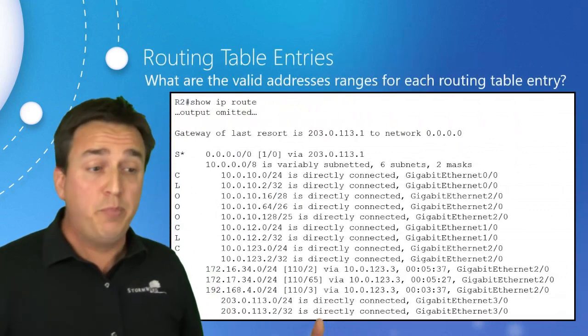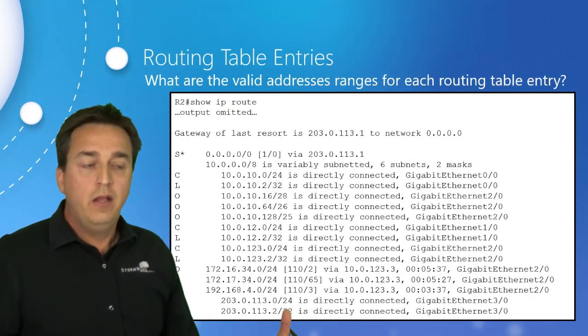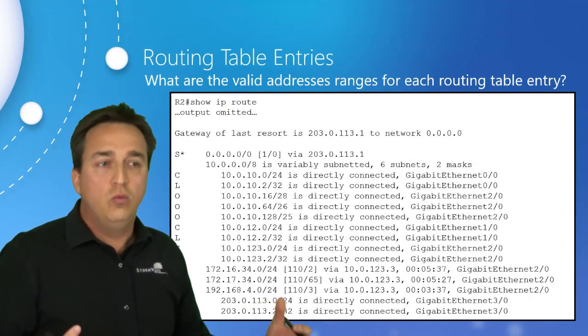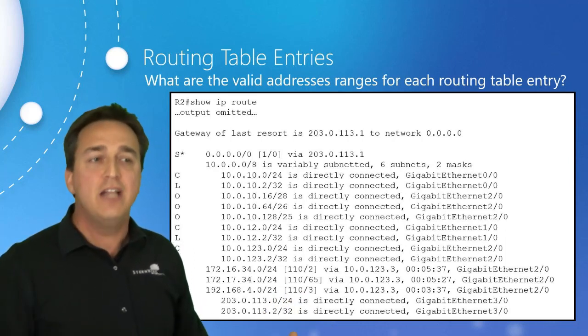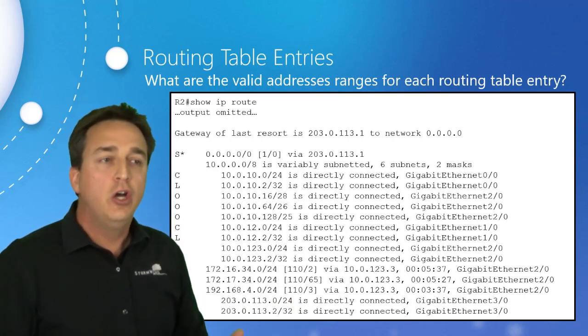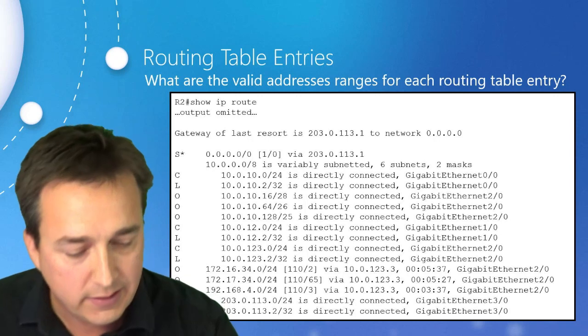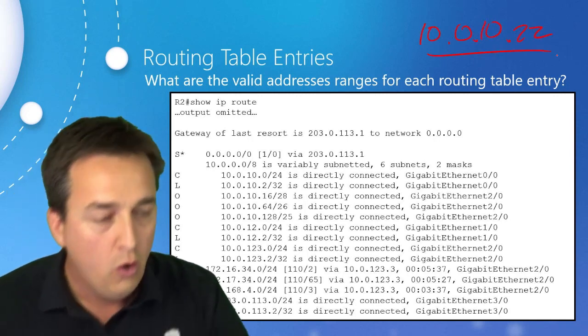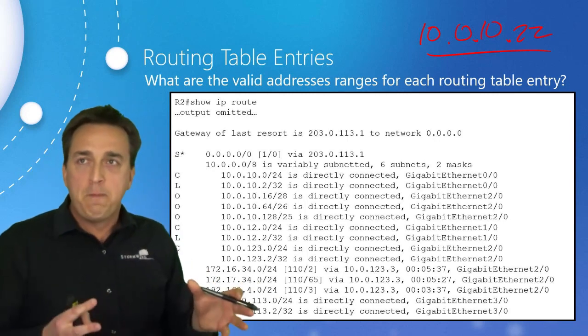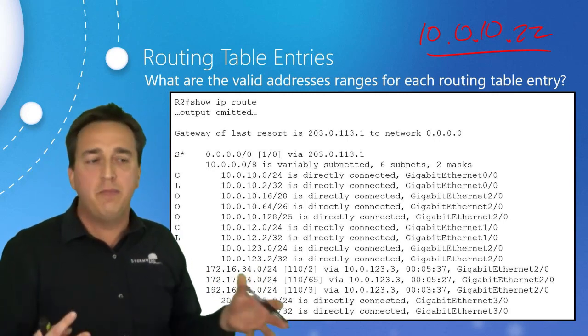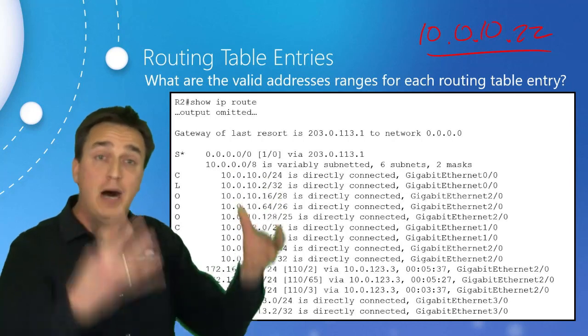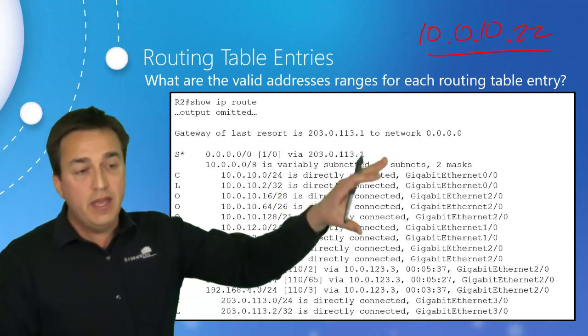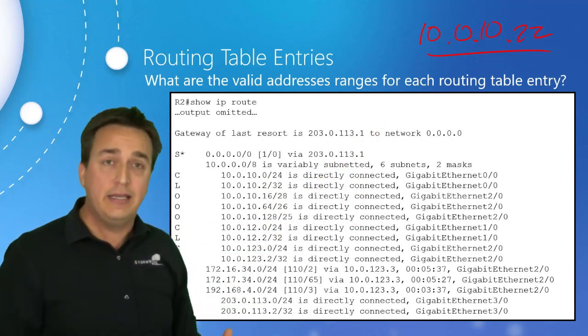So here's an example of a routing table. If I was to ask you which one of these particular entries is going to be used to forward a packet that is destined to 10.0.10.22, well, there are a lot of decisions that have to be made by our router in order to ultimately populate this table and then forward that packet.